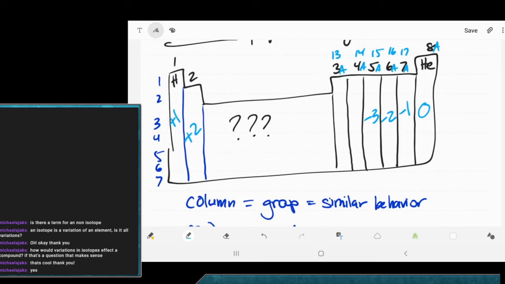So, patterns here. Those things are all gaining electrons, right? And they're all kind of moving towards that column 8, right? They like the numbers of electrons that are found in column 8. Those are the happy numbers. We're going to see generally things in group 3 tend to make +3 as well.